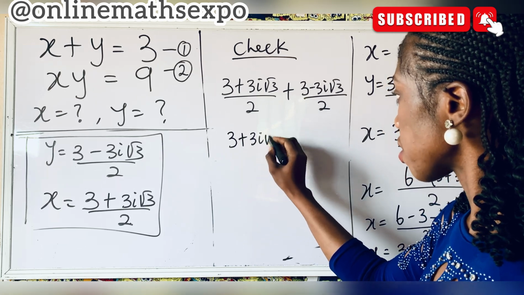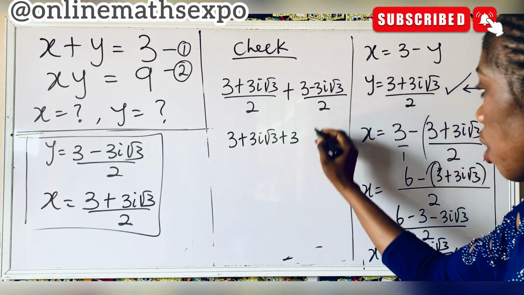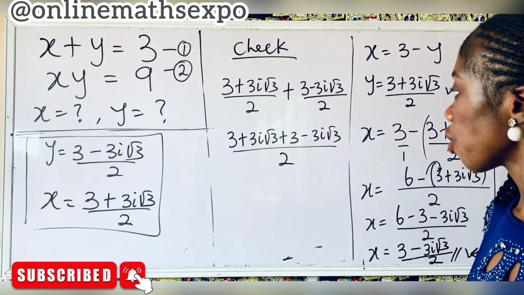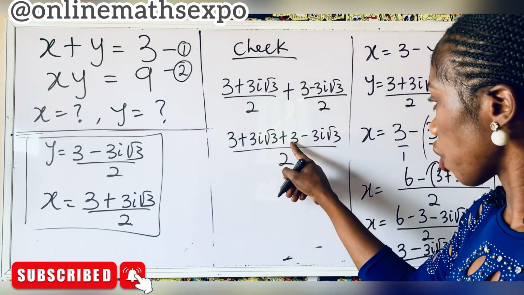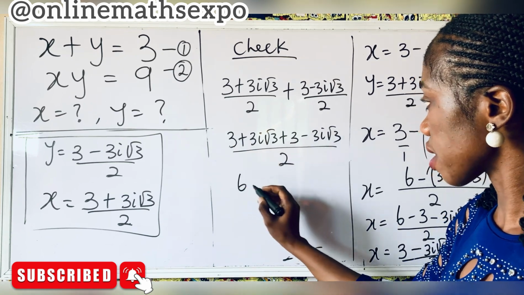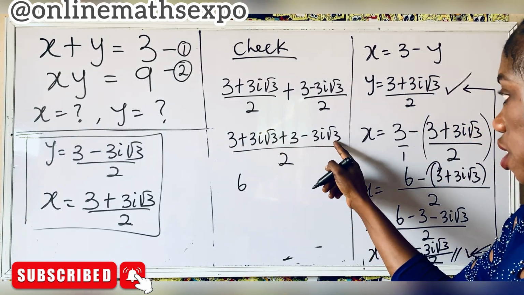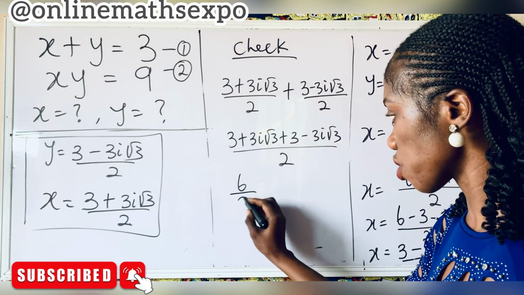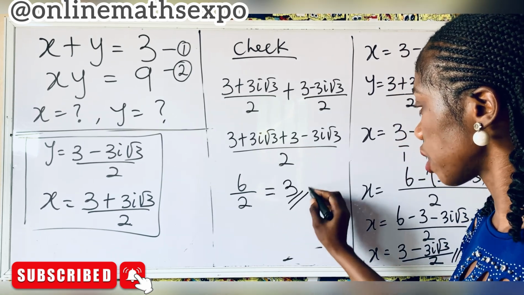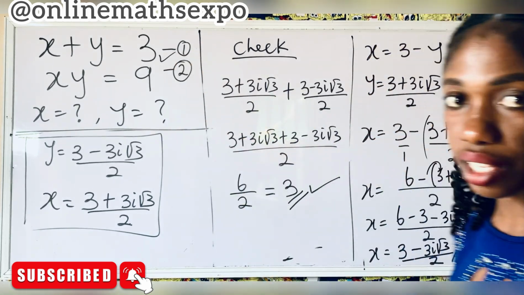So you have this plus 3 minus 3i root 3 all over 2. Okay, 3 plus 3, collect terms that are the same. So 3 plus 3 will give us 6. This minus this is gone, so we have 6 over 2. And when you divide 6 by 2, it gives you back 3, which is what we have here.